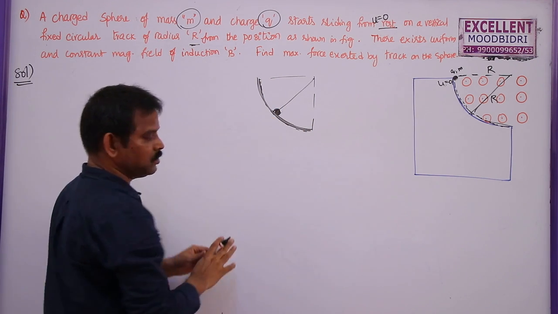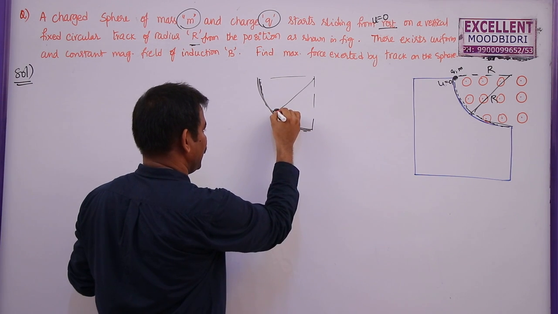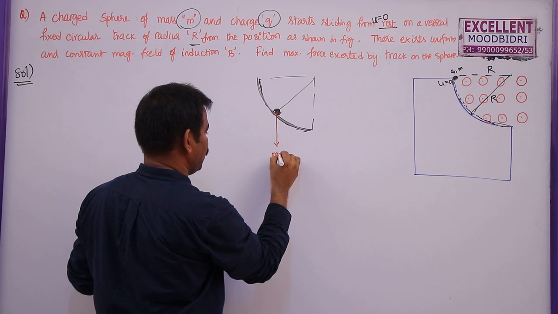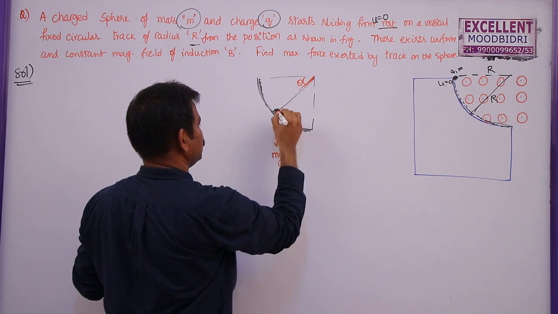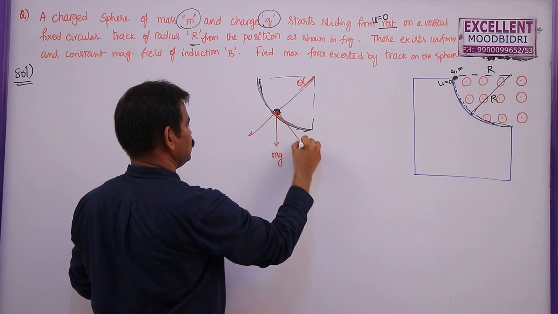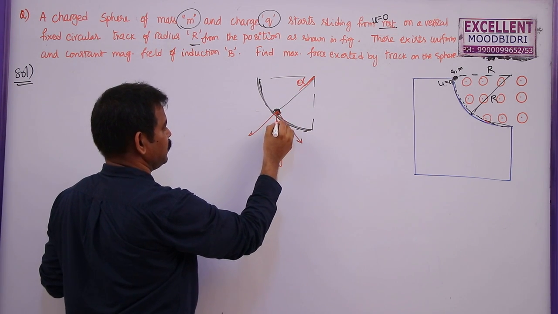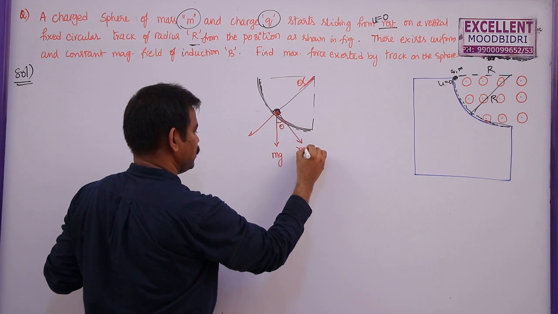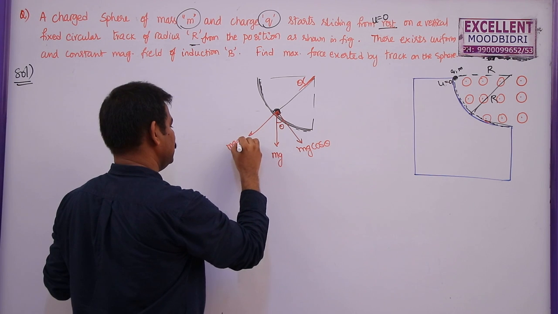Now, what are the forces that are acting on this particle? First one, as it has mass m, weight always acts vertically downwards. Let us say the angle made by this one and this position is theta. So you can resolve this into two components. If it is theta, this will be theta, this is 90 minus theta, this is theta. So this will become mg cos theta and this is mg sin theta.